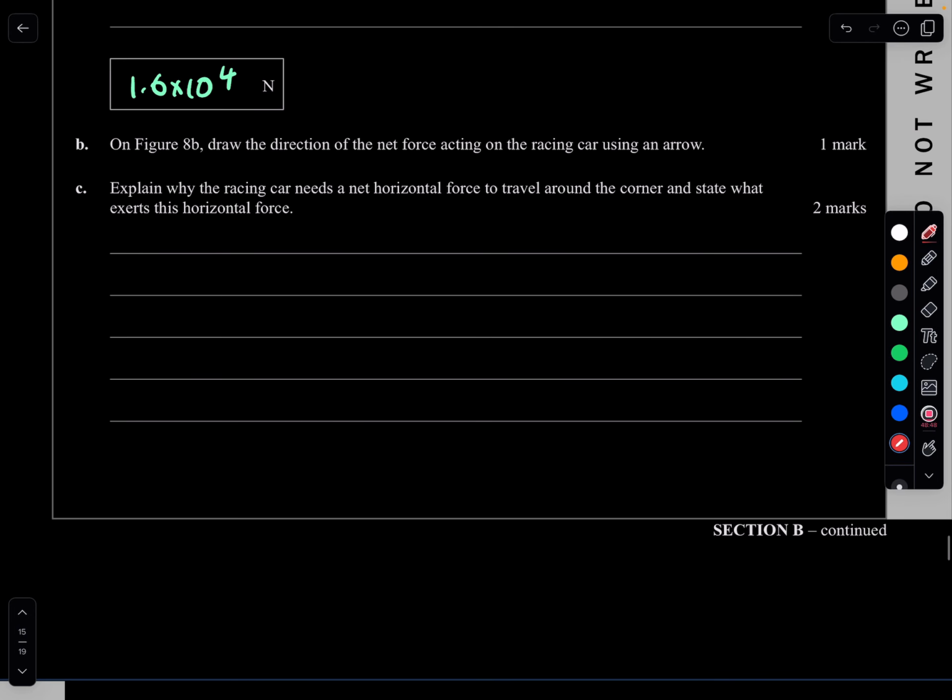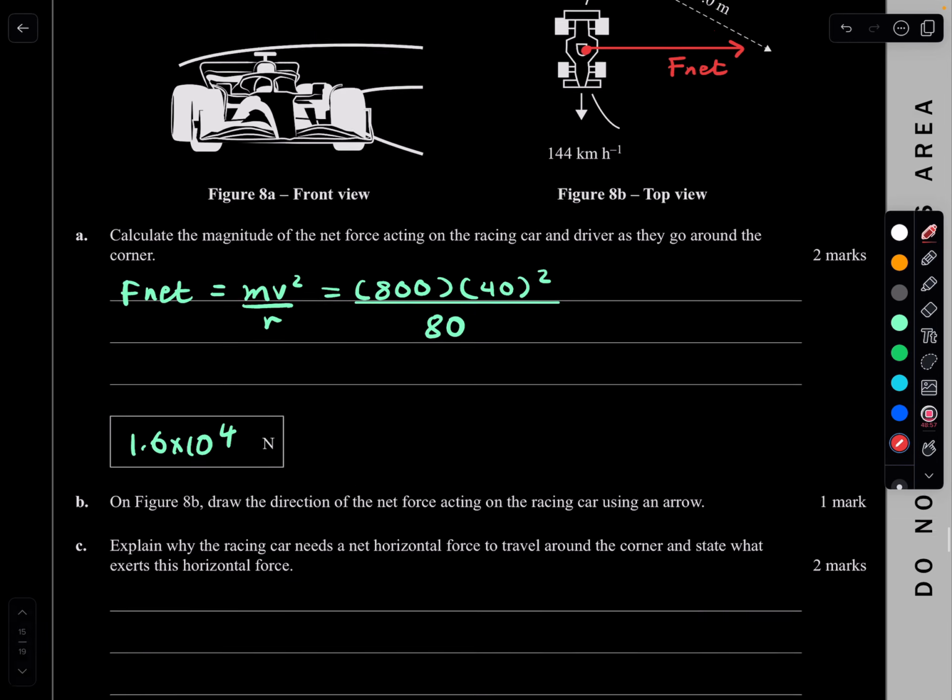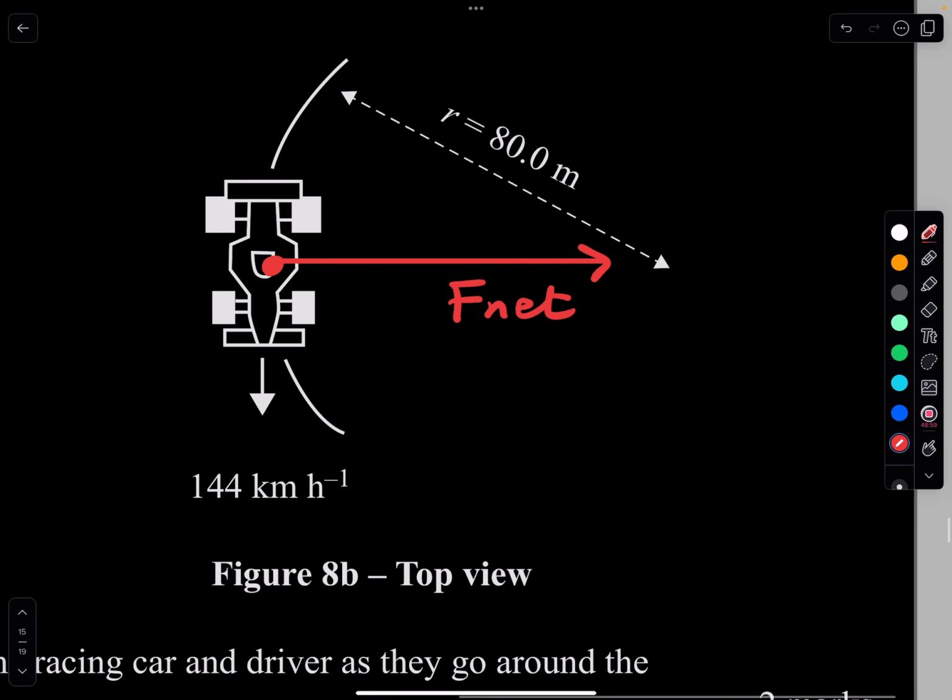Easy. Explain why the racing car needs a net horizontal force to travel around the corner, and state what exerts this horizontal force. Let's understand what this net force is. Why do we need it? It's because if your velocity is going down, can you see how they are perpendicular?